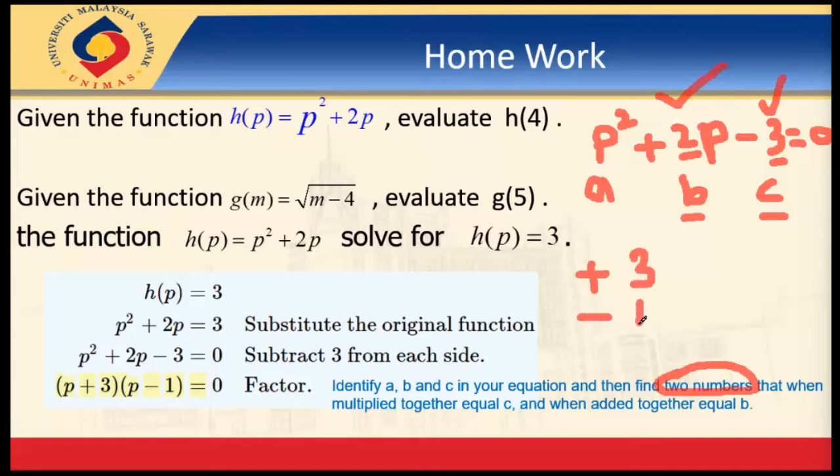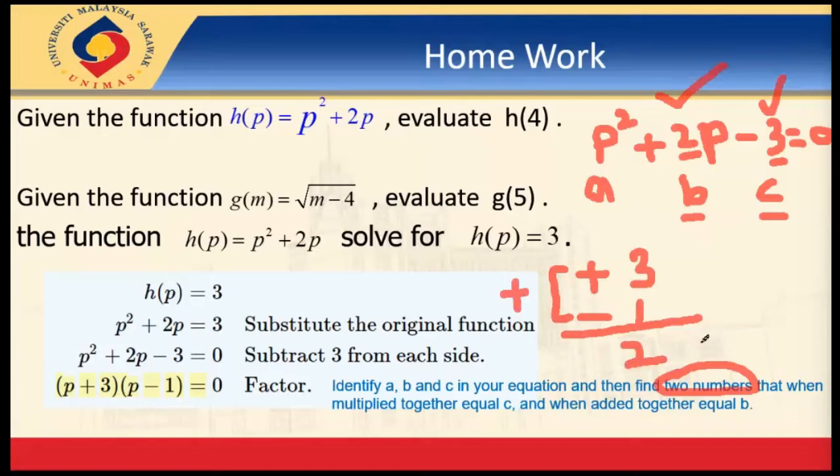Let's add them together. This is plus 3 and this is negative 1. Any time there are two numbers, one positive, one negative, and you are adding them together, the actual operation will be minus, because of this minus. So 3 minus 1 equal to 2.